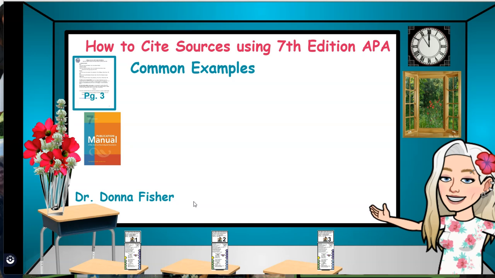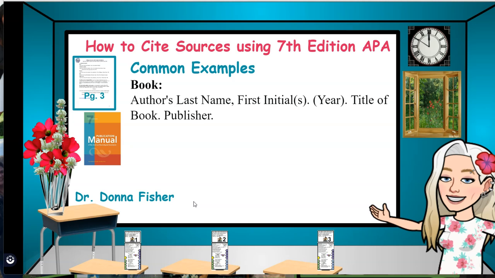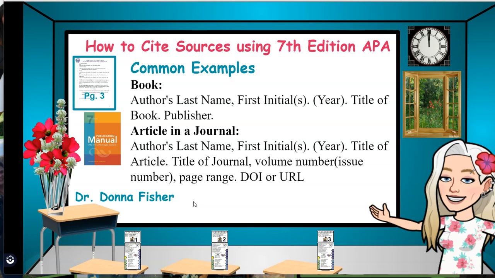So here is a breakdown of what goes in for the following common sources. For a book, author's last name, first initials, title, book, publisher, and notice how it's punctuated here. For article in a journal, again, notice what's put in here and how it is punctuated.